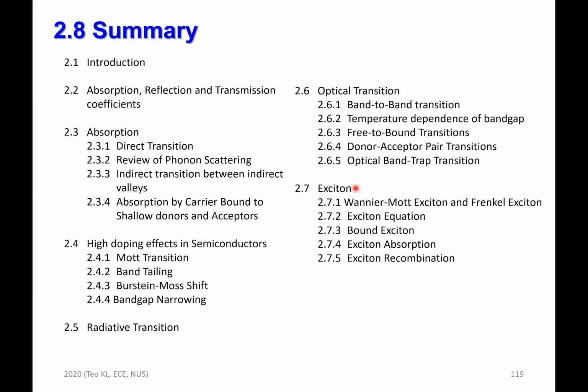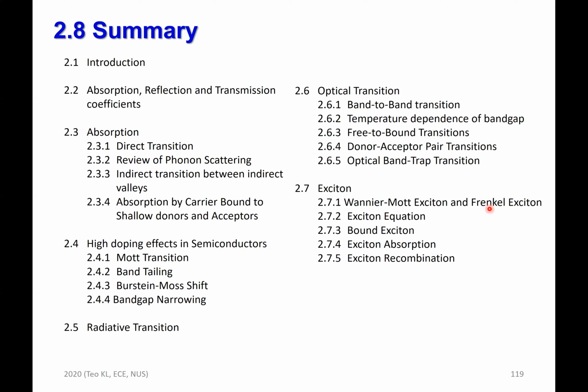Otherwise, we can simply call it a free exciton. It is a free electron and free hole bound together through Coulomb attraction, and I mentioned it's different from the donor and acceptor pair because that depends on the crystal structure and also on the distance between the donor and the acceptor, even though there is a Coulomb attraction between the donor and the acceptor.